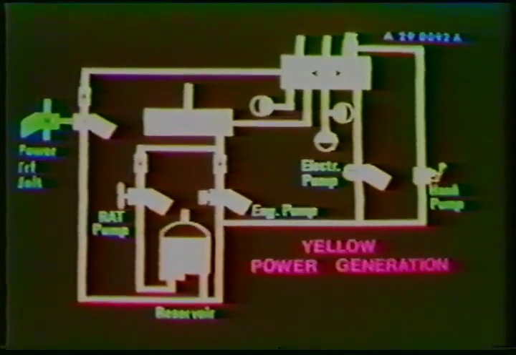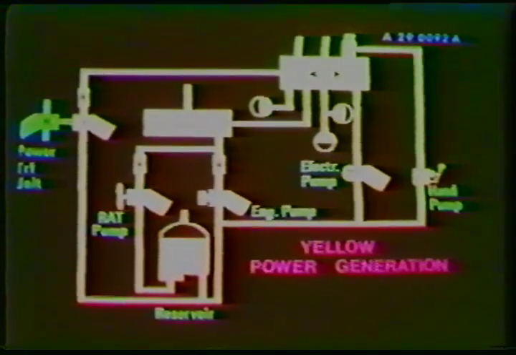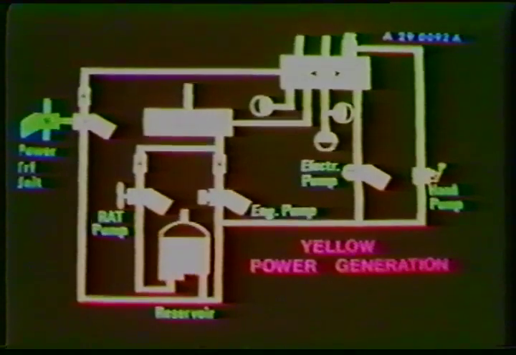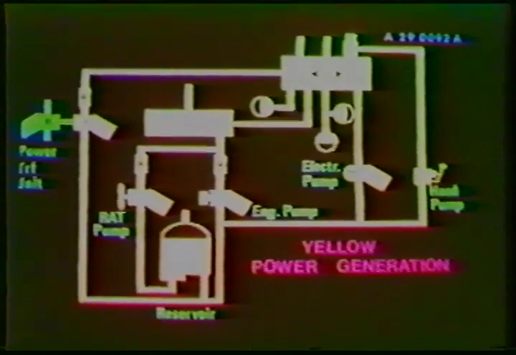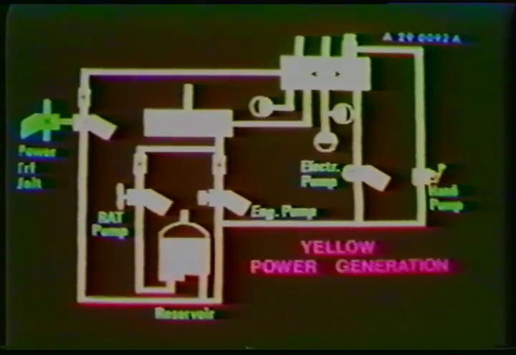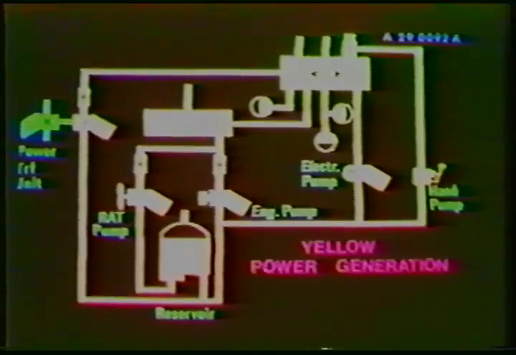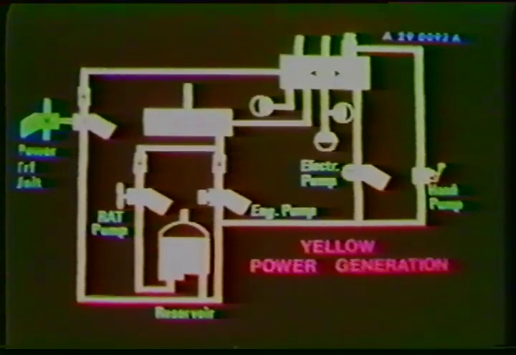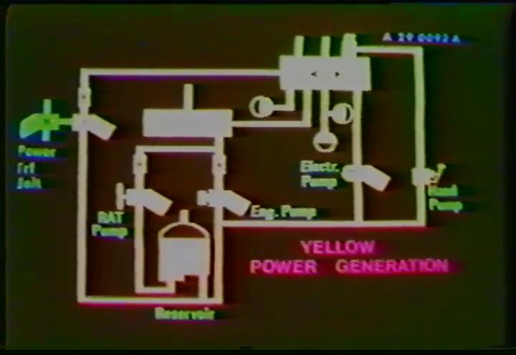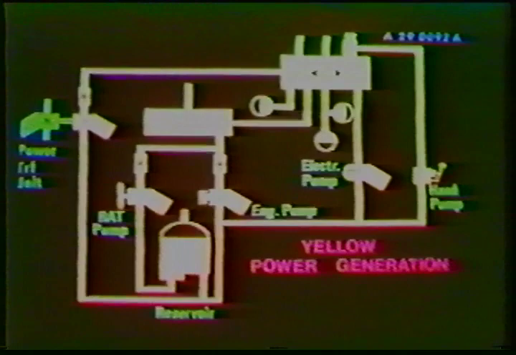The left side is the same as the pressure manifold in the other two systems. The center part is equipped with two additional accumulators and can be pressurized through check valves from either the left or right side. The right side receives pressure from the electric pump or the hand pump.